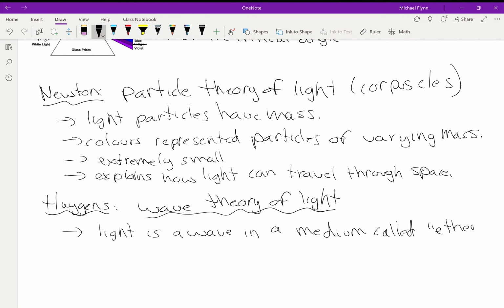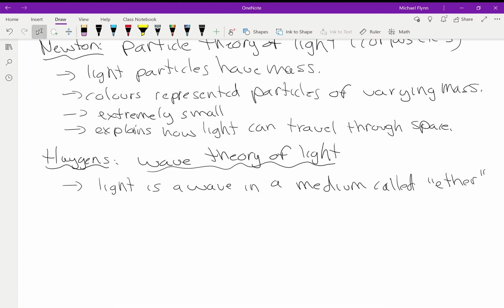You might have heard of it in the Avengers, for example, the Dark World, where they talk about how in the beginning there was this weird ether, one of the Infinity Stones. But anyway, ether is considered this medium that is everywhere in the universe that light is able to travel through, and that's how light is able to make it from the sun to the earth, according to Huygens.